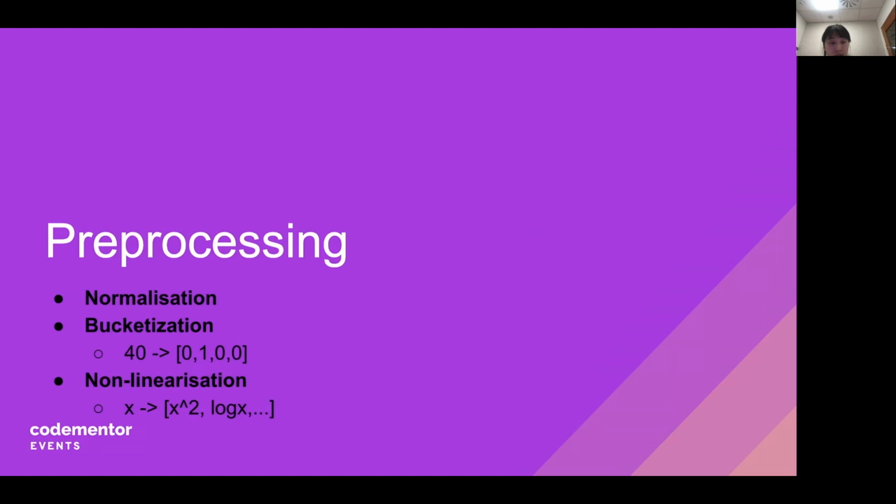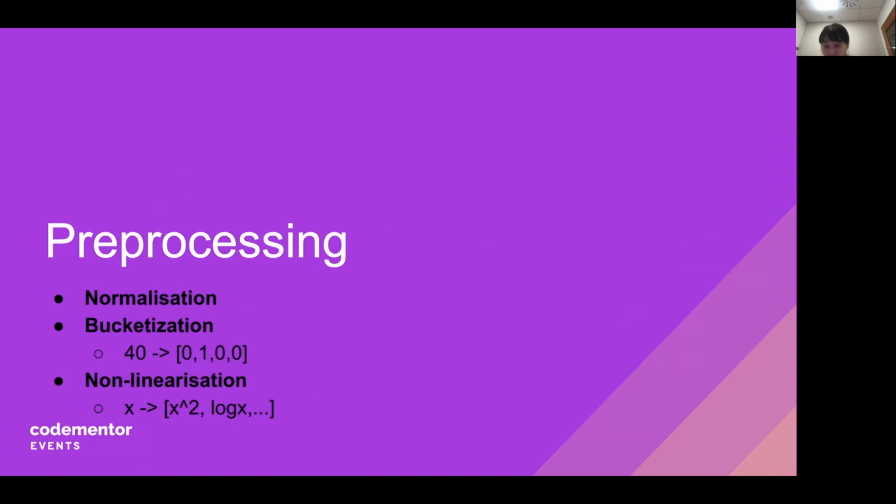And the second technique is bucketization. This technique can discretize dense features into sparse features based on percentiles, for example. Let's see, we have a user age feature with possible values ranging from 0 to 100.